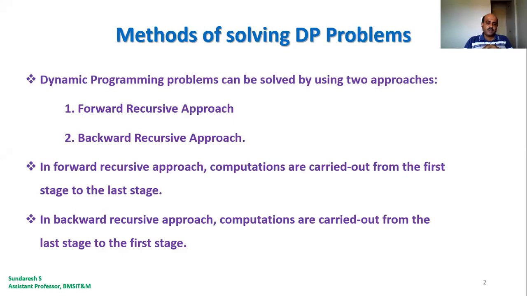In the forward recursive approach, the computations are carried out from the first stage to the last stage, whereas in the backward recursive approach, the computations are carried out from the last stage to the first stage. These are the methods we are going to adopt for solving dynamic programming problems, especially for linear programming or non-linear programming problems.